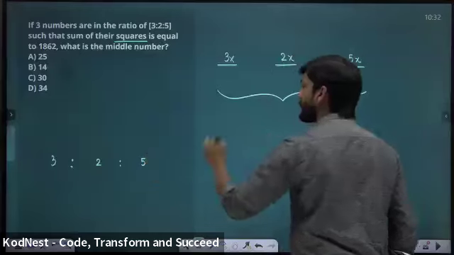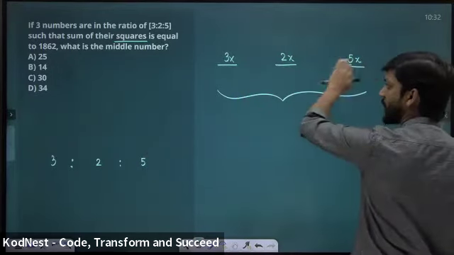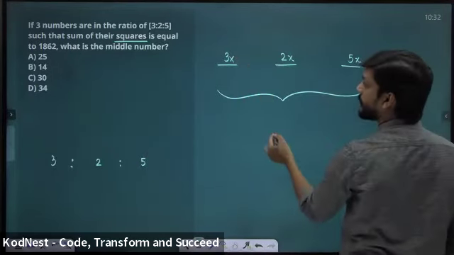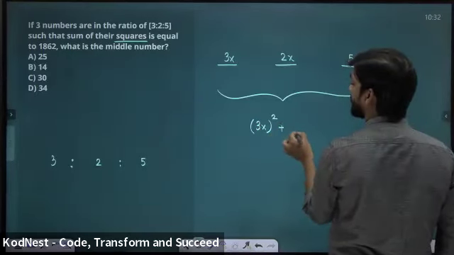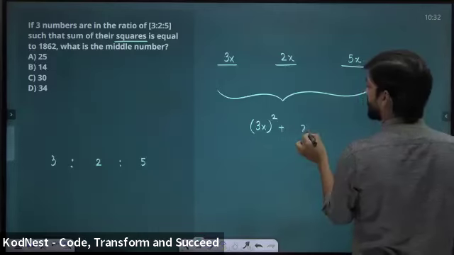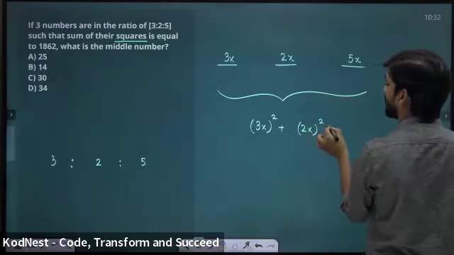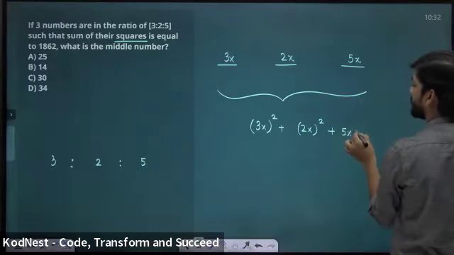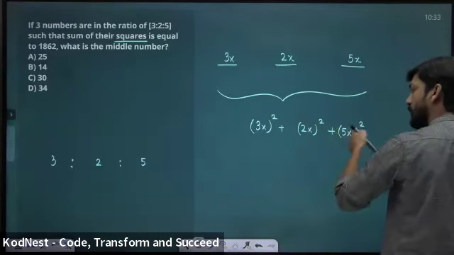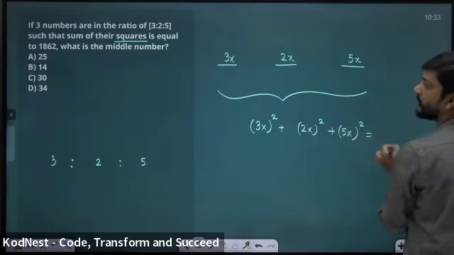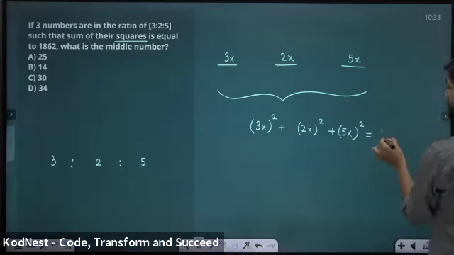So 3, 2, 5. So 3x, 2x, 5x, these are your numbers. What they have given is 3x square, 2x square, and 5x square. Square, square, square, and sum of squares is given as how much? 1862.